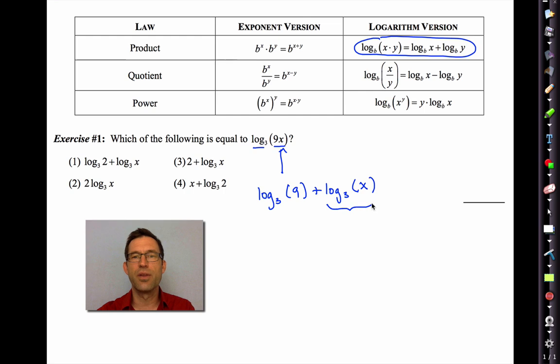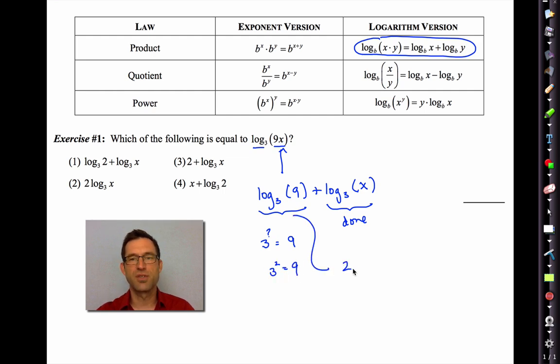Now, there's nothing I can really do with that. I'm kind of, if you will, done. But this I can actually do something with. Think for a moment about what the log base 3 of 9 is. Remember, the log base 3 of 9 is whatever I'm going to raise 3 to get 9. Well, that's going to be 2, right?